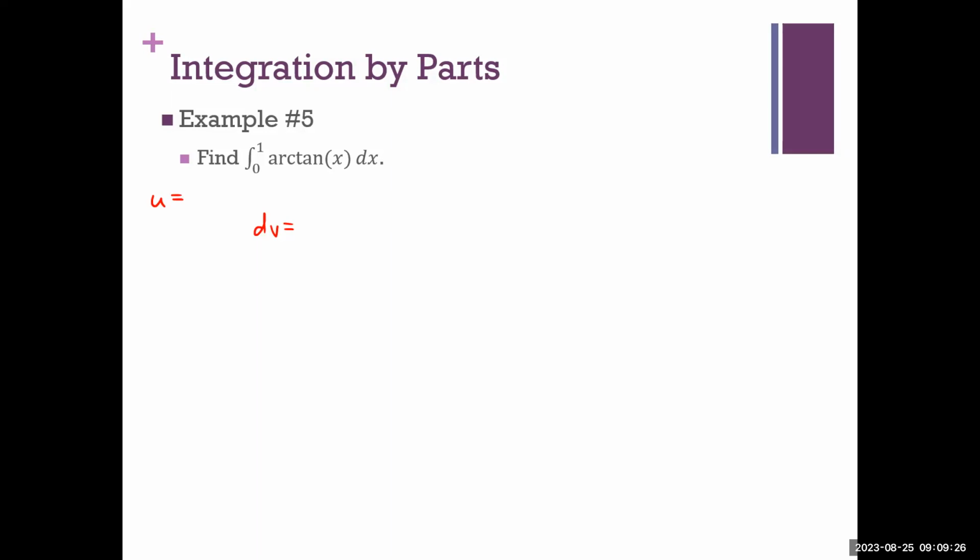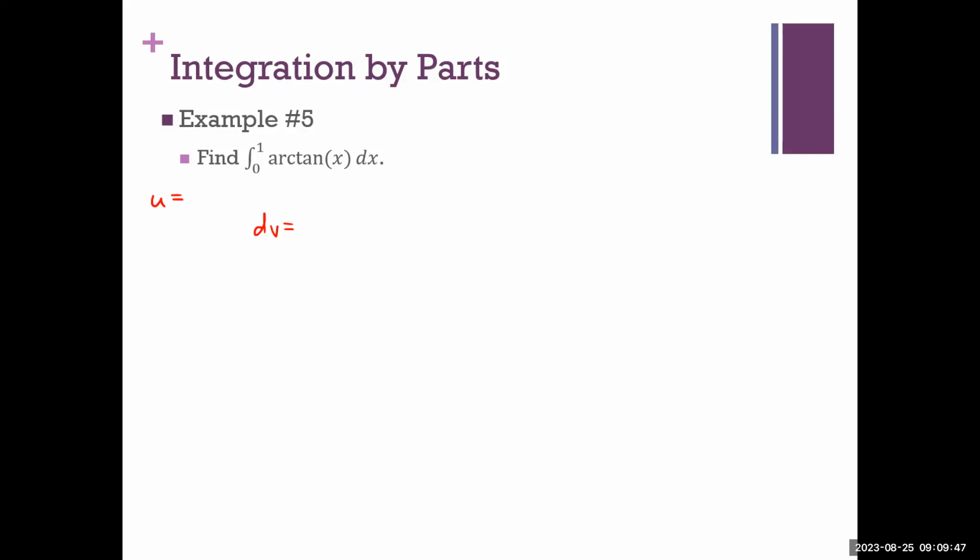If it was arctangent of x squared, you would have to use substitution first and then integration by parts? I think that's probably accurate. What tells you that substitution is something you'd like to do? You have a function composed with another.